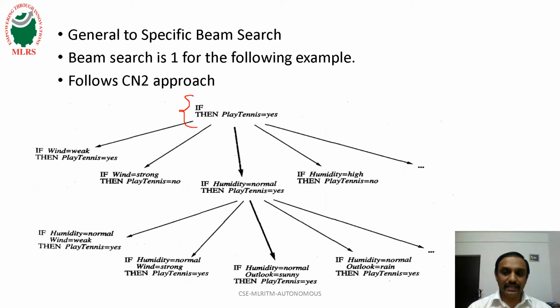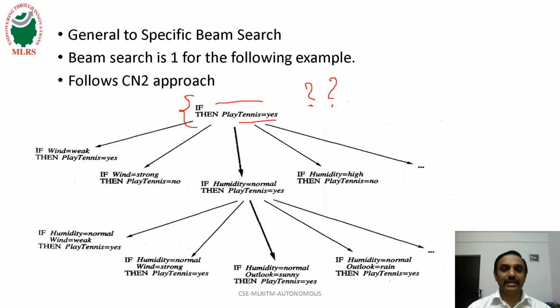In the play tennis example, whatever the value of outlook, humidity, temperature, or wind, we take the output as play tennis equals yes. That is the most general, where the attribute values are represented as a question mark.